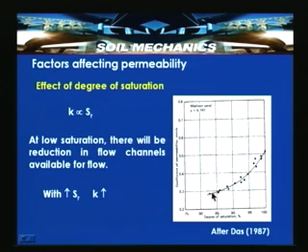As can be seen, with an increase in the degree of saturation, an increase in the coefficient of permeability can be noted. That means the air trapped inside the soil voids is getting pushed out, and because of that the permeability value increases.